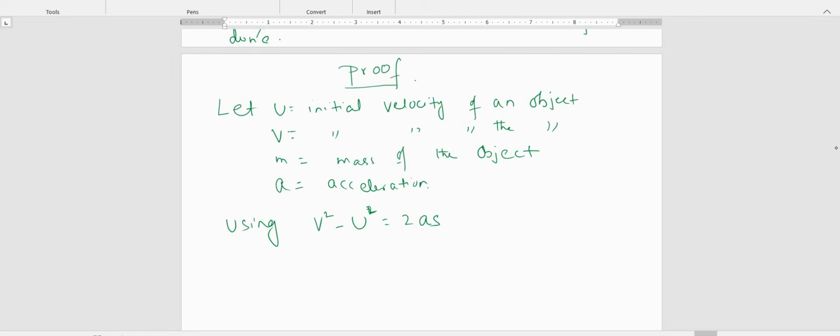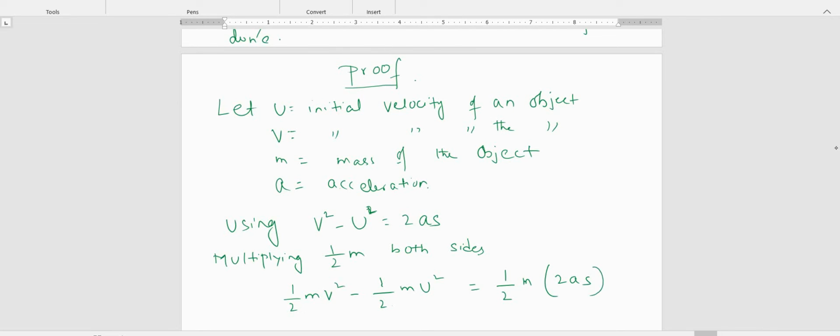Now if you multiply half m both sides, multiplying half into m both sides, what will we get? Half into m v square minus half into m u square is equal to half into m 2as, isn't it?